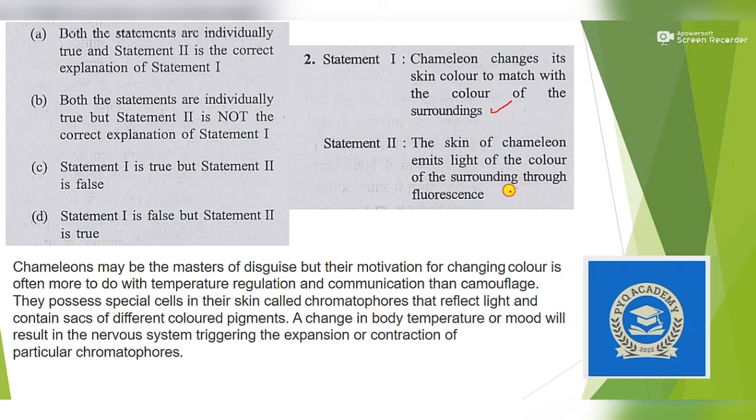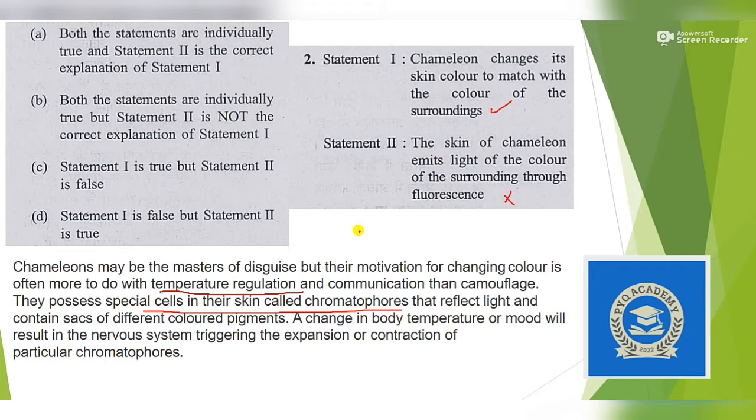No, the main motive behind the changing of color in the chameleon is that it wants to regulate the temperature. Okay, and to regulate temperature, it has various transparent layers within its skin, known as chromatophores. So when it changes the color of its skin, that means it has the ability to regulate the different layers of its skin.